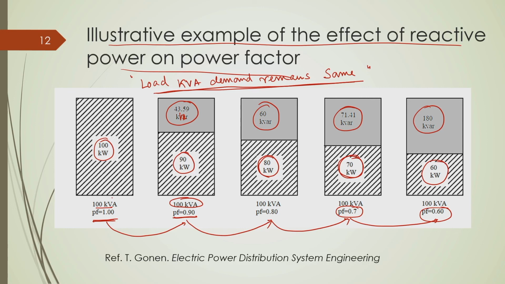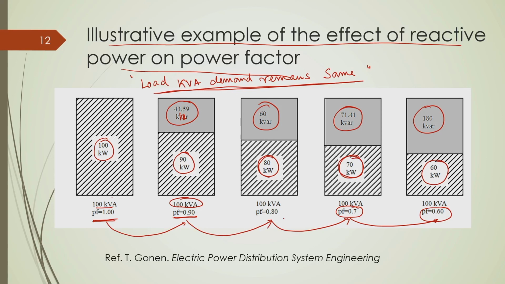The load will consume a certain amount of active power, and that is why it will be charged for whatever kilowatt hours or units of energy it consumes. Now, if the load power factor is getting poor, the actual useful power that the load is consuming becomes less.